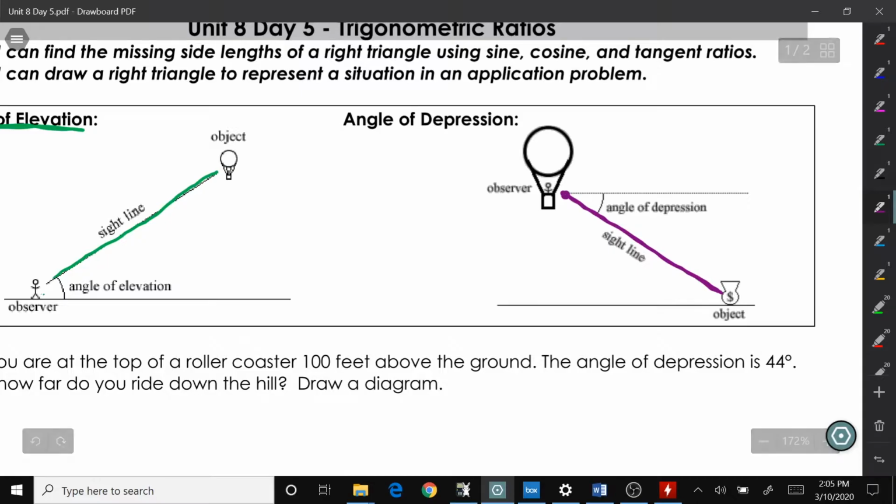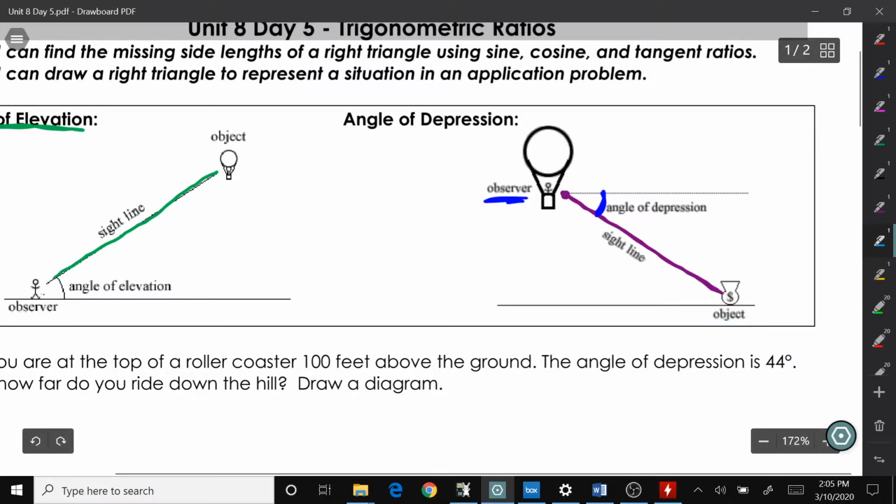And one thing you could think about is that if I'm the observer up here, and this is my angle of depression, if I reverse that and here's my object, the angle of elevation to my object up here, these two angles are the same. So you could reverse this if you wanted to do that.